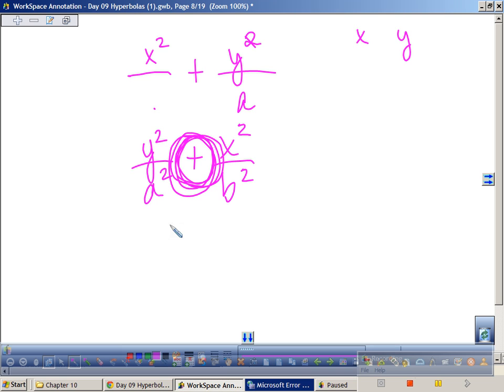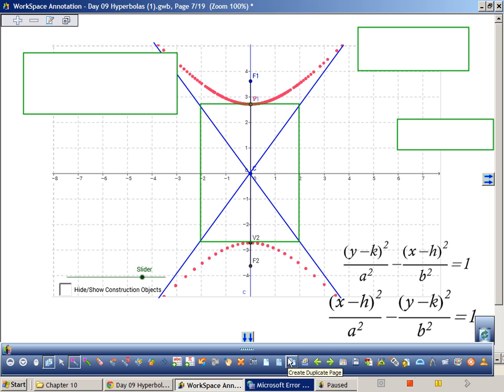So we always keep the X first and the Y second, and then we make the bigger one be A. Correct? Yeah. But when we do that today, we can't do that. Why? Because it's subtraction. Right? Okay. So the bigger one has to always come.